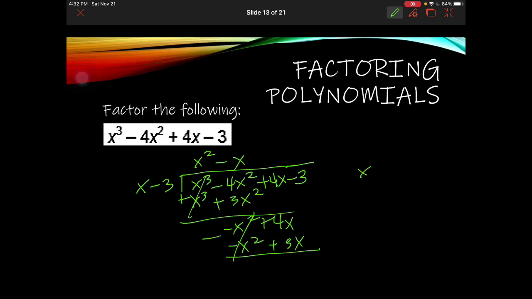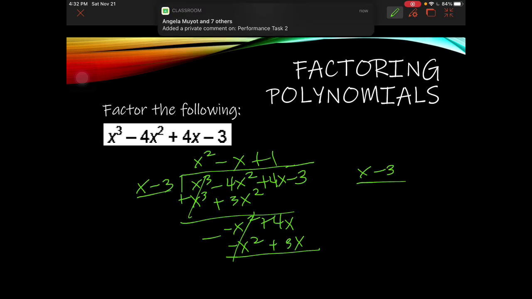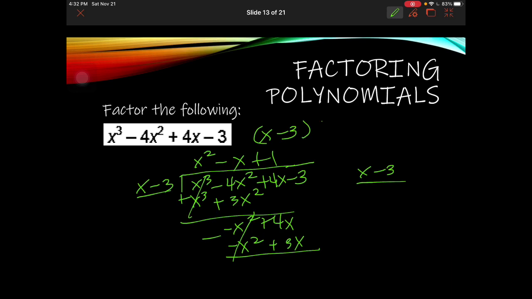Magkakaroon lang tayo ng x minus 3. So, obviously, pareho lang sila. Plus 1. So, yan na po ang ating makukuha. We will get x minus 3, x squared minus x plus 1. So, pwede pa kaya nating i-factor to? We will see. Okay? Yan ang ating susunod na itetest.